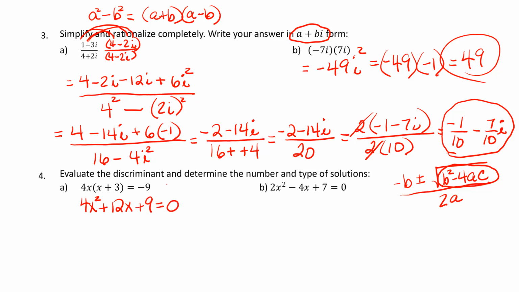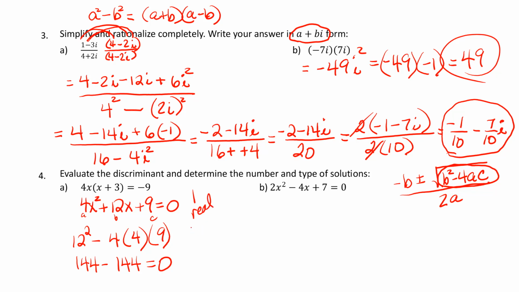Now it is in the correct form so that we know what a, b, and c are for our discriminant. So b squared, 12 squared, minus 4ac. We are going to have 144 minus 144, which is 0. And since that is 0, that means we have one real solution.